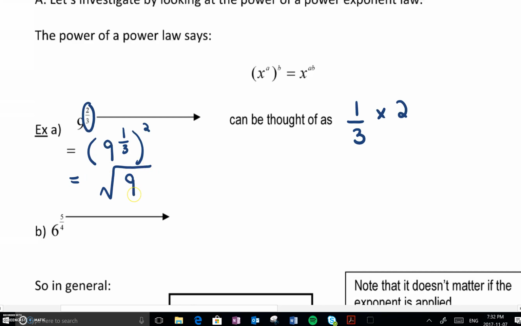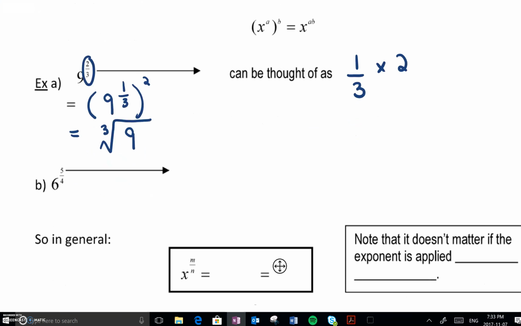You leave the base inside the radical, and you take the 3 and you put it right here. Remember that the 3 is your index, and it goes inside the radical. We can't forget about that exponent of 2, so we're going to put it right there.